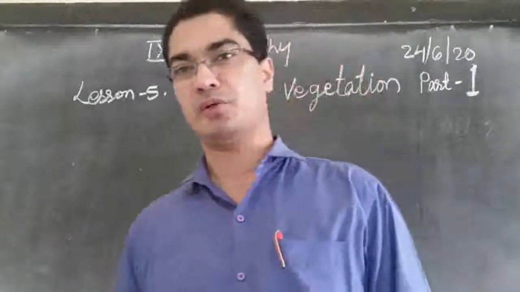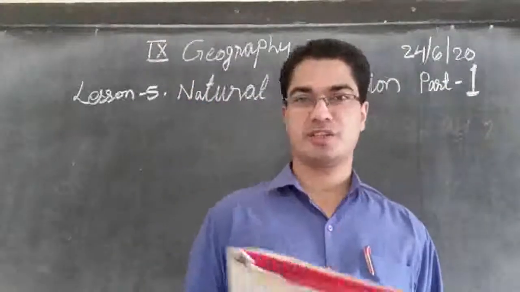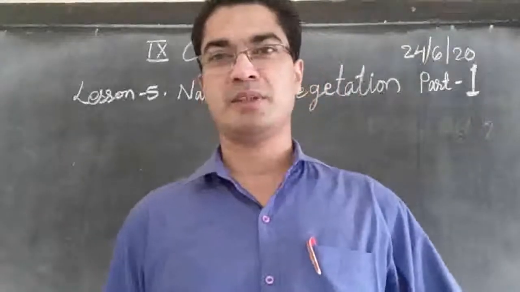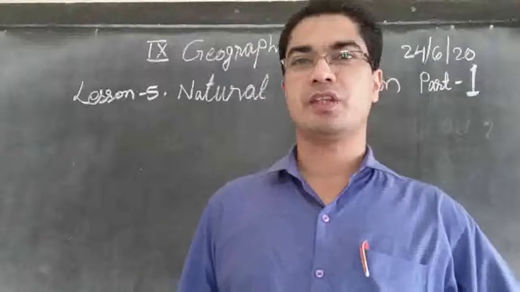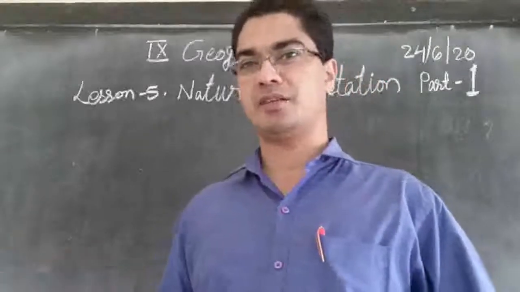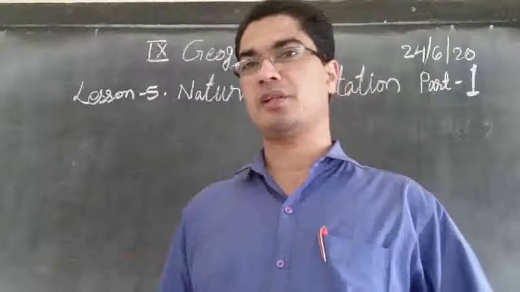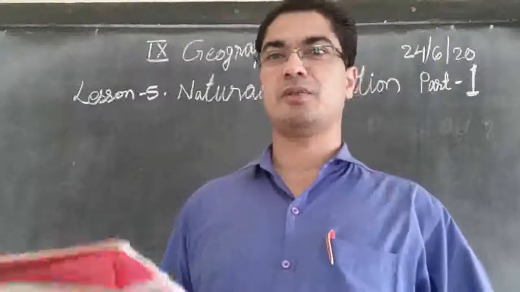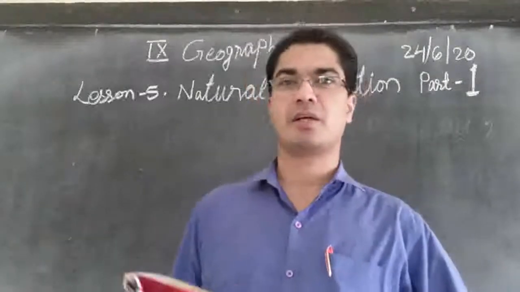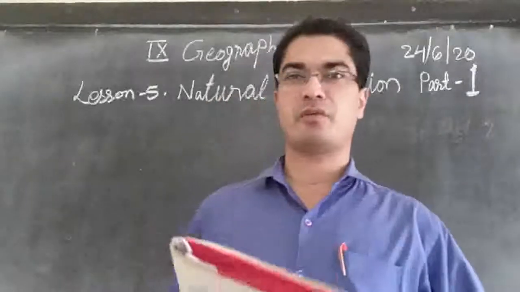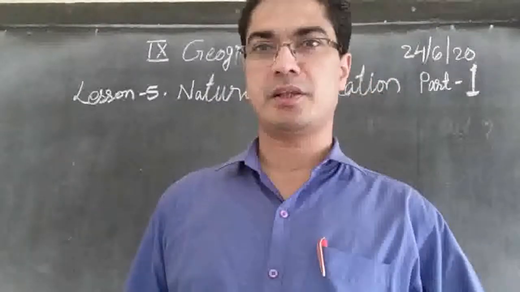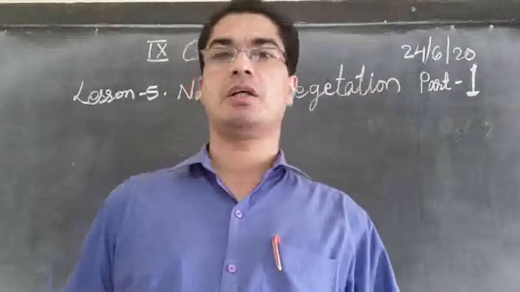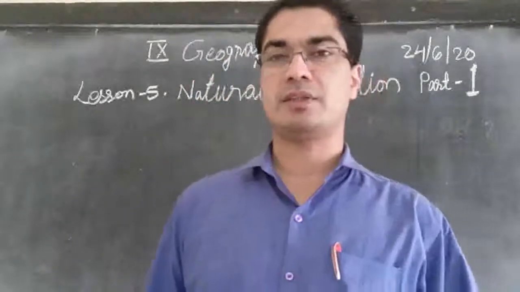I am quite sure you must be observing a lot of trees, birds and animals, and everything is different from the other. The trees are different from one another, the birds are different, and the animals are different. They are not all the same, and therefore we can say India is very rich in natural biodiversity.